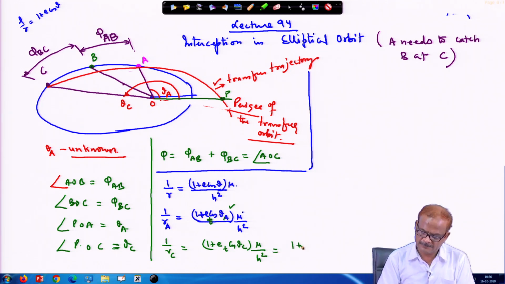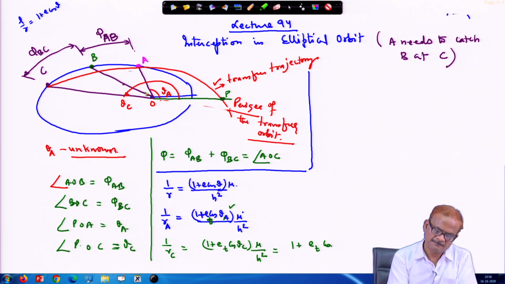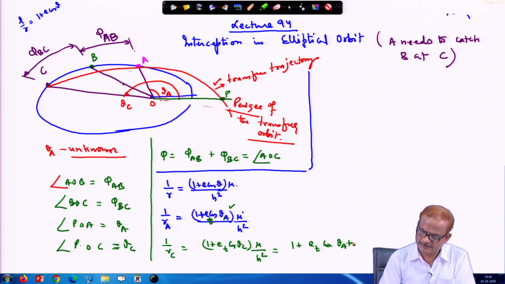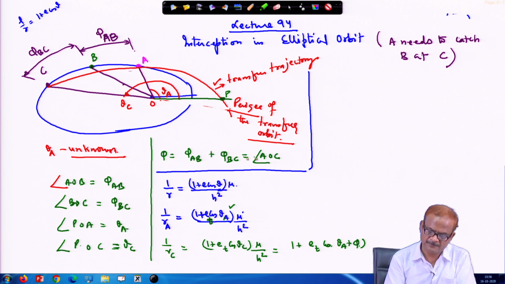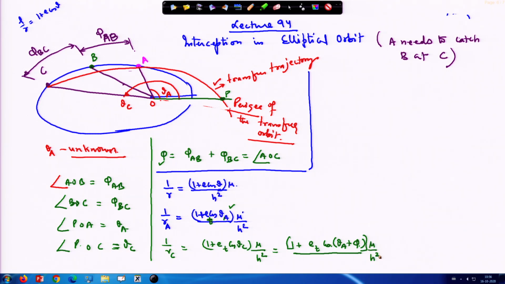Theta c is theta a plus phi, as we have defined here, times mu divided by h square. Or simply we can write in terms of L, it does not matter.